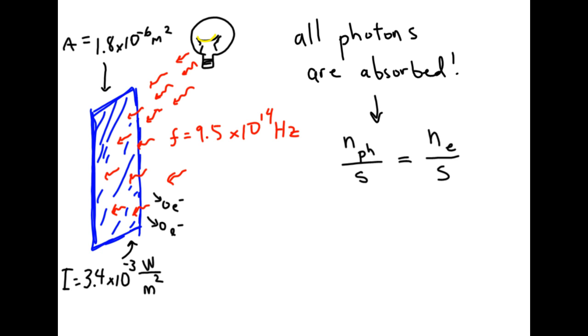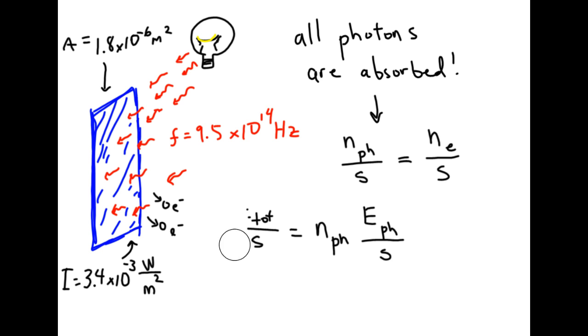That's nice. And now what we have to do, the real challenge, is to find the number of photons ejected per second. And here's how we do that. We know that the total energy reaching the screen per second is equal to the number of photons times the energy of one photon per second.